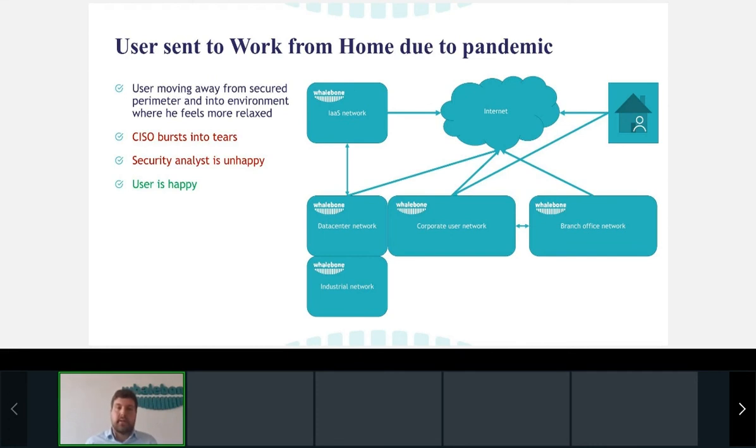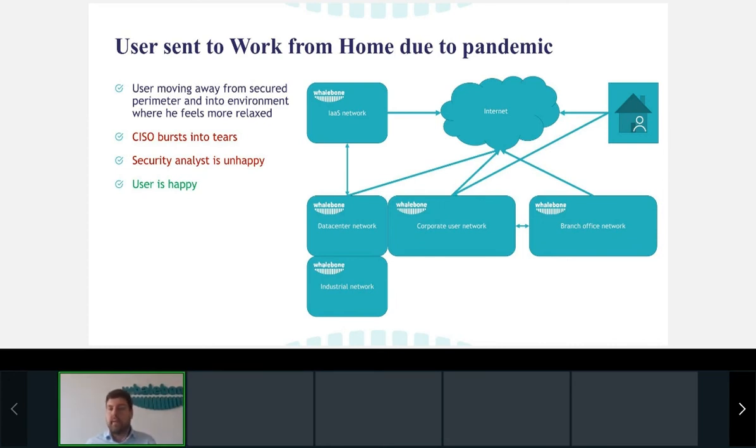It's a big headache, especially in the cases when the companies were not prepared properly for such a huge change, to actually have most of the users working from home. That's a huge headache because all the systems were not ready for that. Maybe they even accepted some risks for the users working from home, and they just closed their eyes and did not attend to those threats and those risks before.